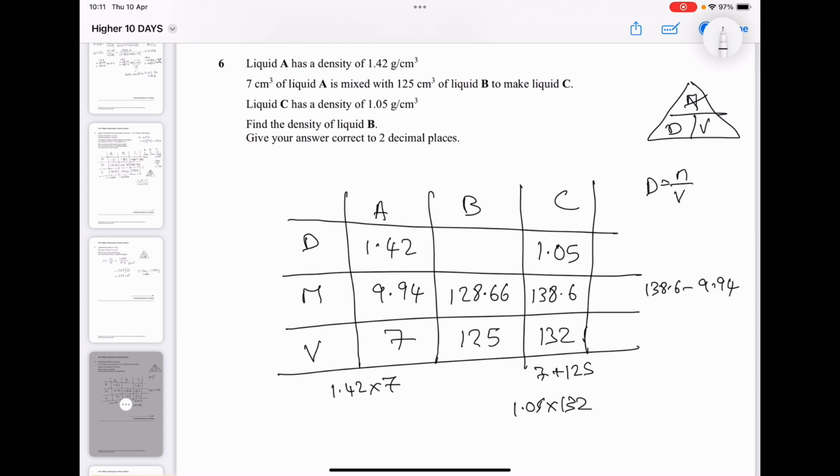So in this case, 128.66 divided by 125 equals 1.029. To 2 decimal places, 1.03.